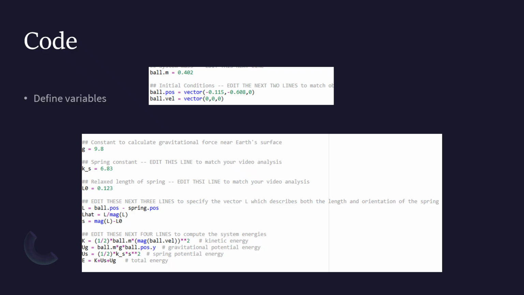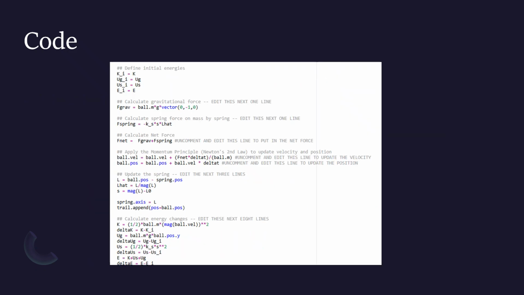The total energy is all three of those energies added together. After we've defined our initial energies, we have to tell the machine that those are the ones it's going to use for the initial values.